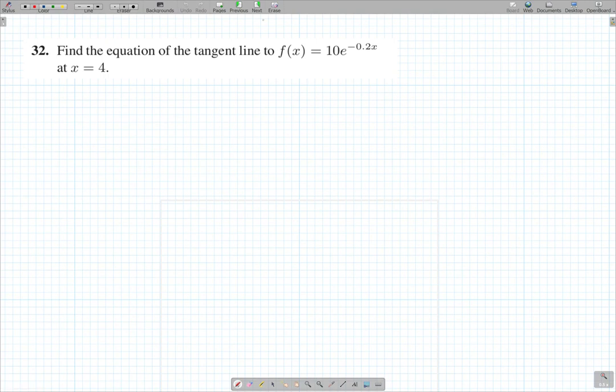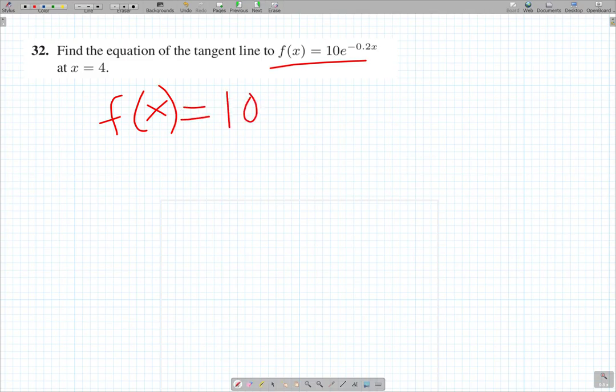Ayan. Find the equation of the tangent line to f of x equals 10 e to the power of negative 0.2x at x equals 4. So, intindihin natin muna ang binigay na equation, which is f of x. Saan ba class naka-tangent ang line natin? Of course, sa f of x, no? Then, yan, 10 e to the power of negative 0.2x. So, meaning, this one is a curve. Kasi hindi pwede magka-form ng tangent line kung hindi curve ang kasama ang intersection niya, no?